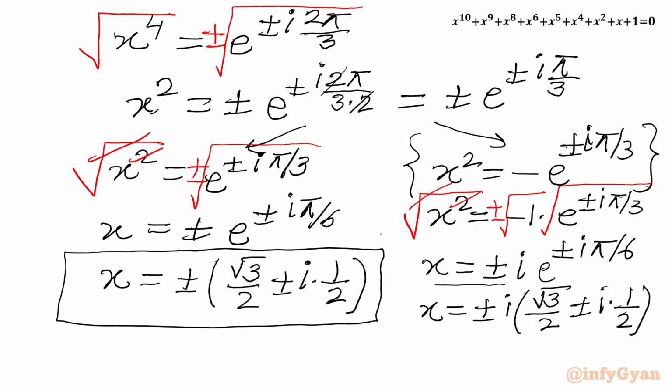So we have the remaining 4 solutions over here. Overall, we have 2 plus 4 plus 4, 10 solutions, and all 10 solutions are complex valued.